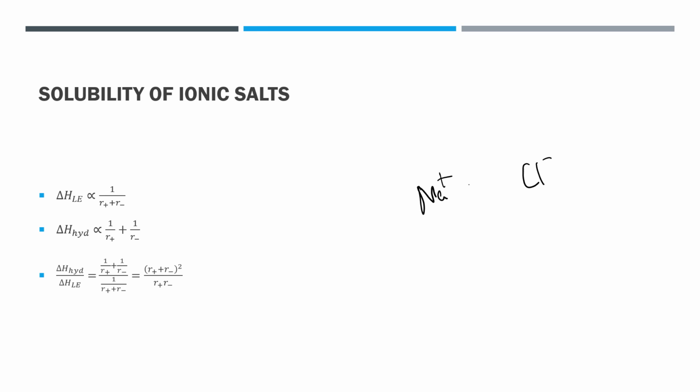But what releases energy is the chloride interacting with the water molecules, forming a little shell, which is called hydration, and the sodium interacting with the oxygens in the water molecules, right? So we first have this input of energy, which comes from the lattice energy, and then we have this release of energy, which comes from the hydration.